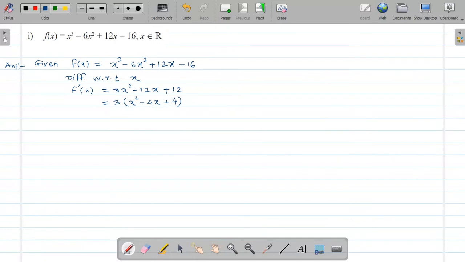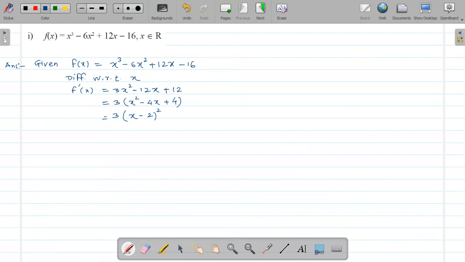So now see here, 3 is always positive, no doubt. But what about this quadratic expression, where will it remain positive or negative? How will you decide? For that, if you observe this carefully, then see here, x square minus 4x plus 4 is the square of x minus 2.